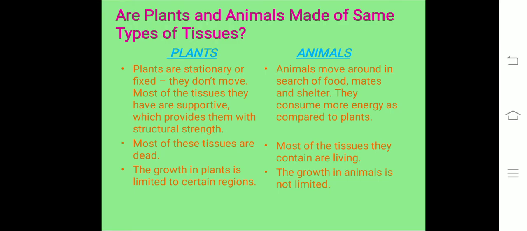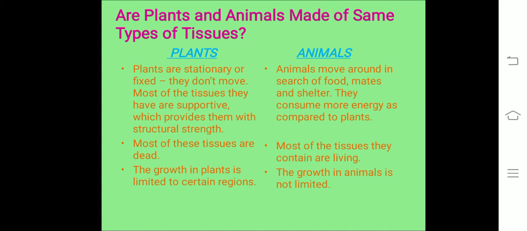Now the question arises, are plants and animals made up of the same types of tissues? To find out its answer, let's compare the structure and functions of plants and animals. We know that plants are stationary or fixed, that is, plants cannot move from one place to another. Therefore, most of the tissues in plants are supportive in nature, which provides them with structural strength.